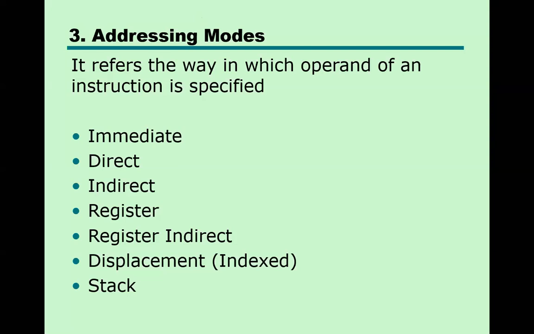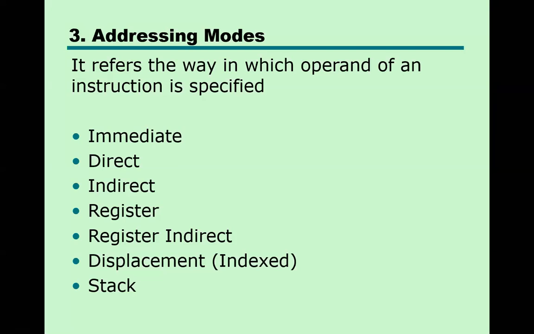As we have seen, add is the opcode and A and B are the operands. So operand is what? Operand is our variable. So what are the ways available by which we can specify our operand in the instruction?